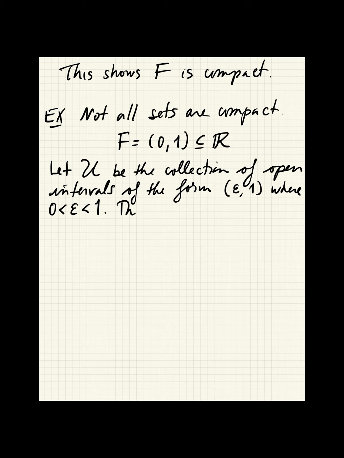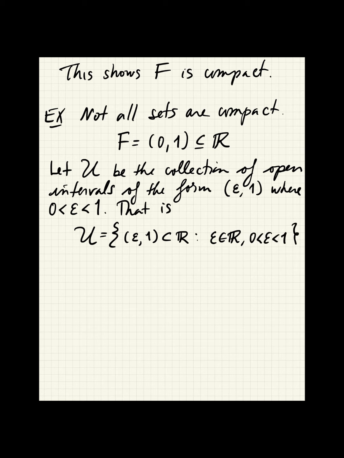So if I want to write this collection down in set notation, I'd say U is the set of intervals of the form epsilon to 1 in R, such that epsilon is a real number between 0 and 1. So this is our collection. It's an uncountable collection. Doesn't matter what the cardinality is. It's a collection.